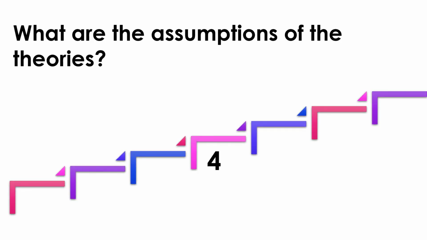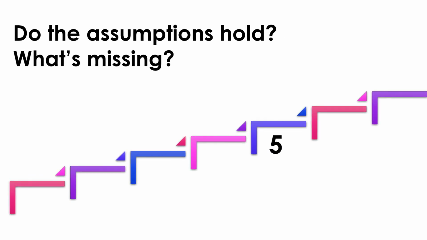Step number 4, write down the assumptions of the theories listed above. Step number 5, do the assumptions hold? What is missing in the existing theories? What constructs need to be added to the existing theories? What roles do the added constructs play? Is the added construct a mediator or a moderator?